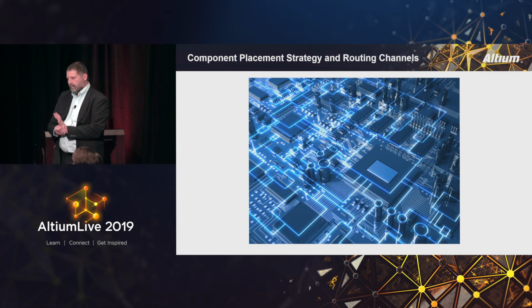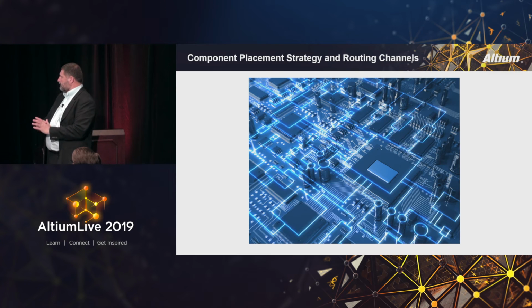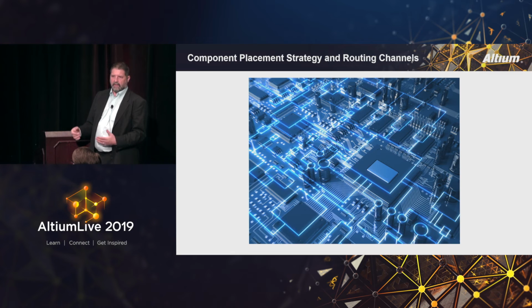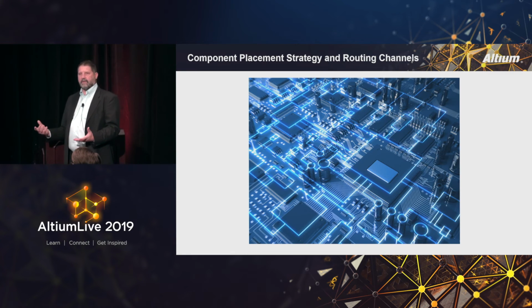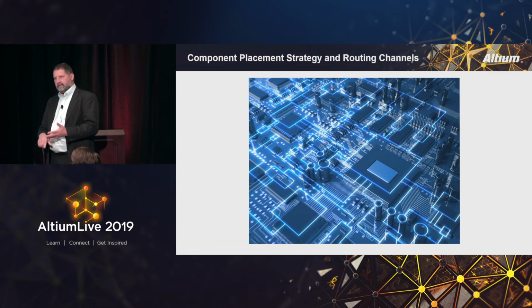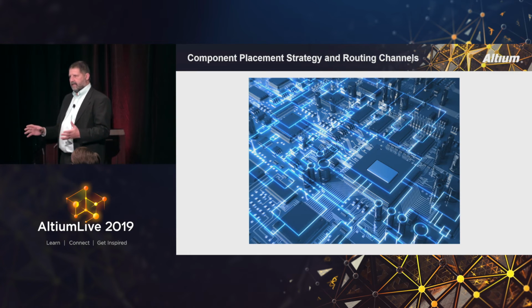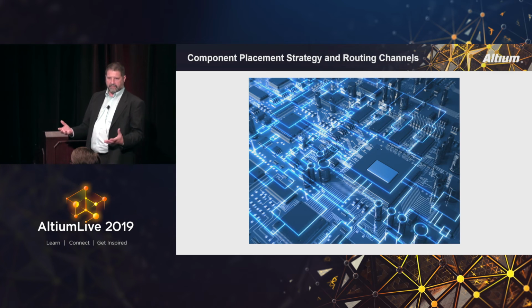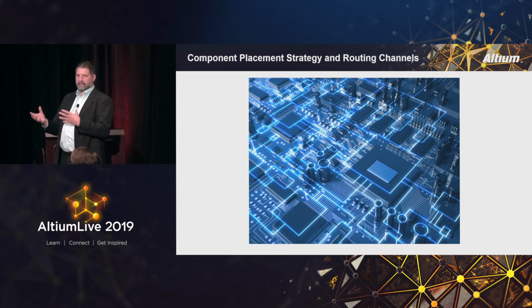What's the order in which we look at placement? Connectors first, anything that's fixed is first. Anything that's a mechanical issue that has to be in a particular place, switches, LEDs, anything like that that's part of the function of the product, also has to go in first. And then we look at what's left and how we can arrange this.